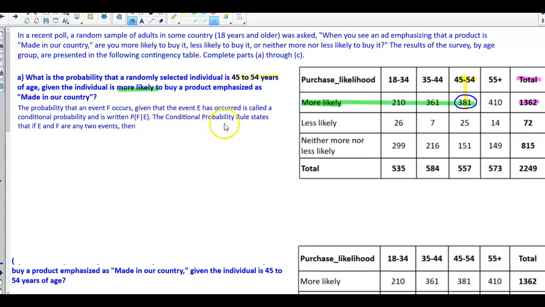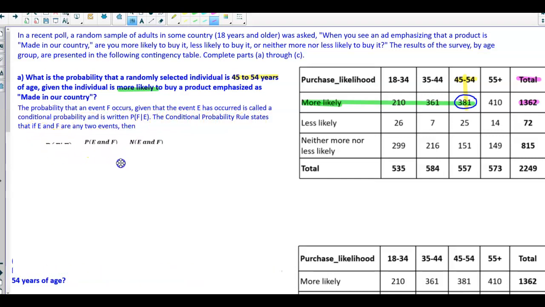Now, the conditional probability rule states that if E and F are any two events, then the probability of event F happening, knowing that event E has already occurred, is equal to the probability of E and F divided by the probability of E. So what we want to find is the number of outcomes of event E and F, meaning where do they intersect?